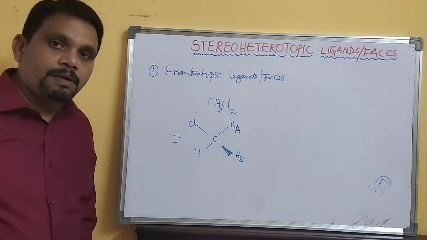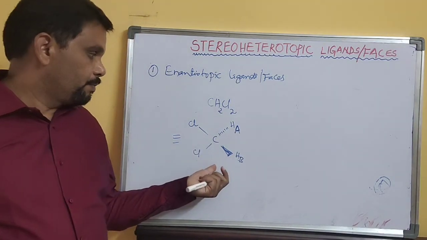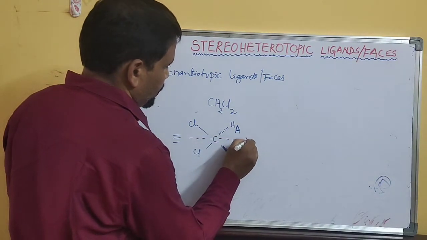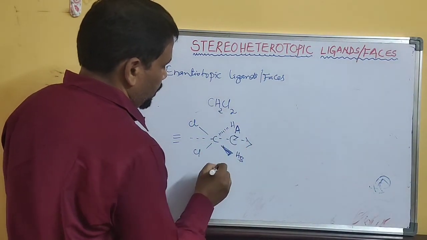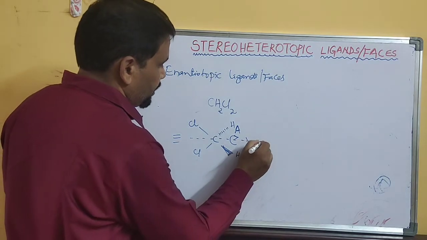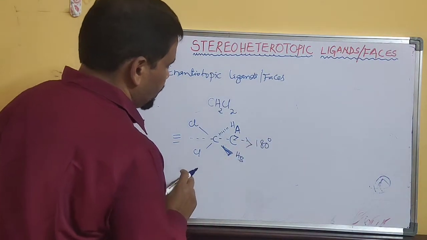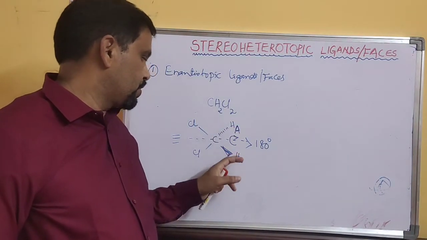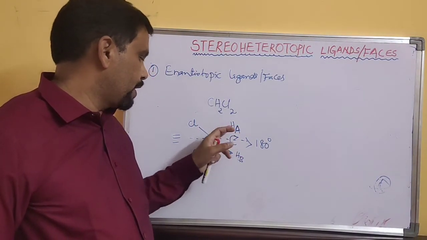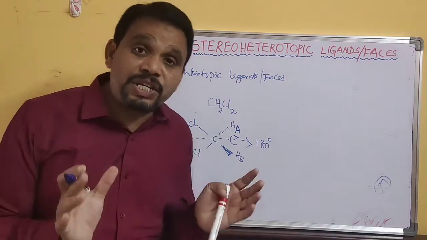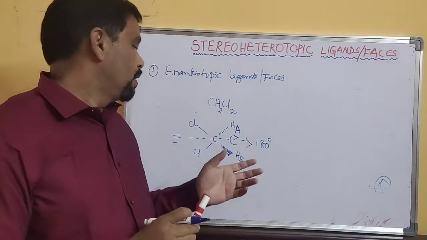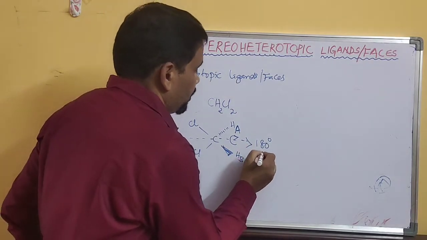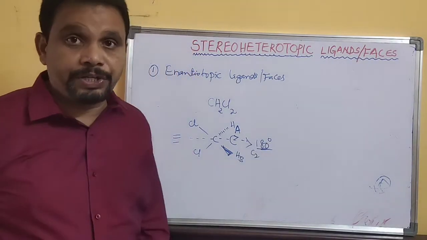In this molecule, if you rotate about this axis by 180 degrees, you will get the same molecule. These two ligands and those two ligands are exchangeable and interconvertible with the Cn axis of symmetry, that means a C2 axis, here about 180 degrees rotation.